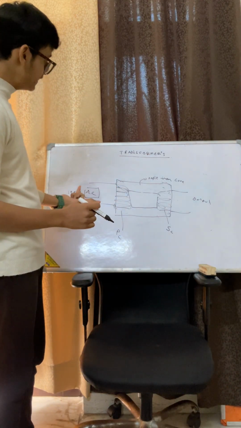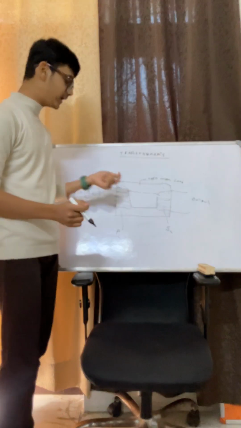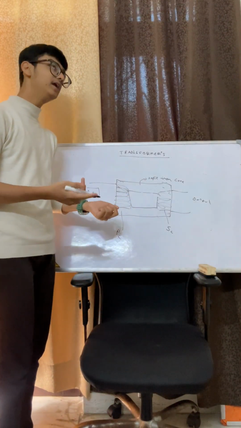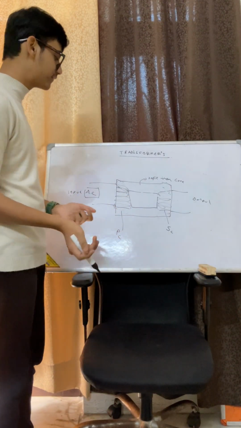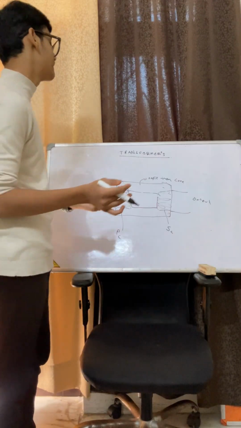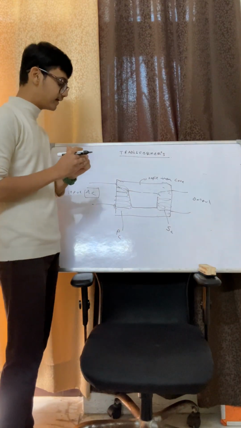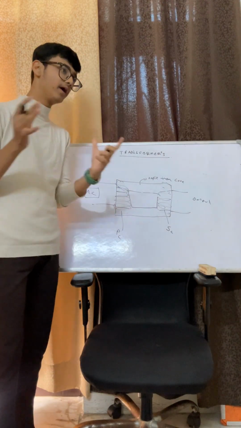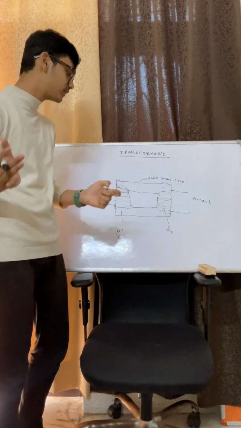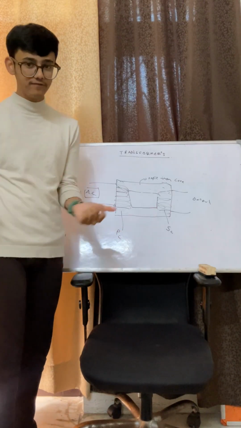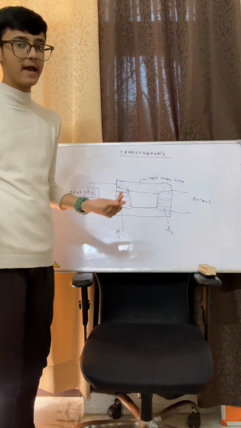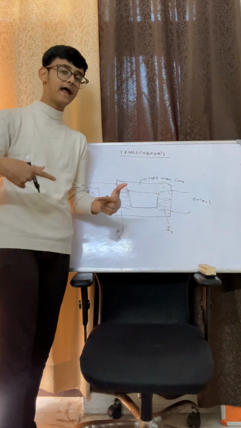So when this alternating current enters the primary coil, if you have studied a solenoid or basic electromagnetic induction before, you'll know that when a current flows through a coil of copper or any conductive substance, it forms a magnetic field, something like a magnet when north and south poles attract.